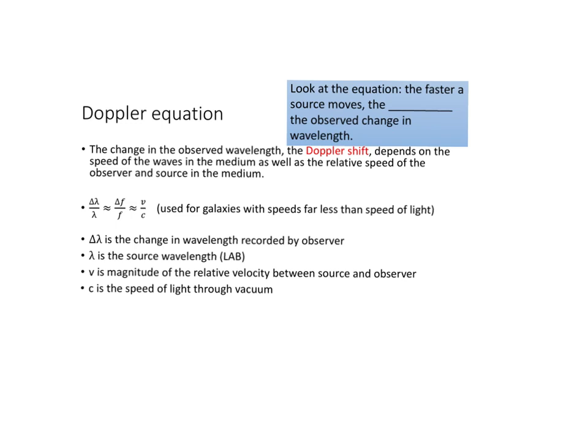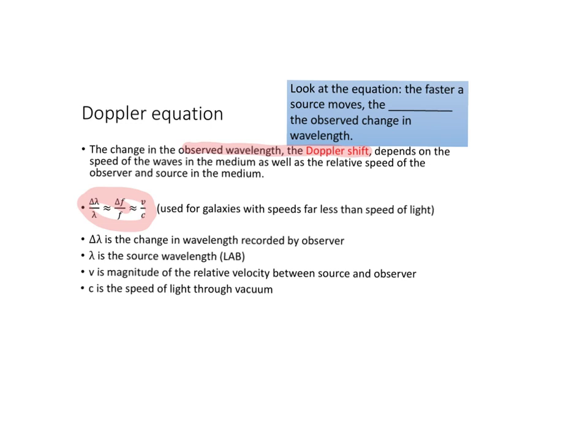So the change in the observed wavelength, what we call the Doppler shift, which is quite an important part there, depends on the speed of the waves in the medium as well as the relative speed of the observer and source in the medium. So what you have here is the equation that you could use.